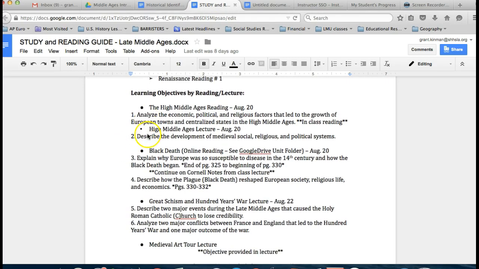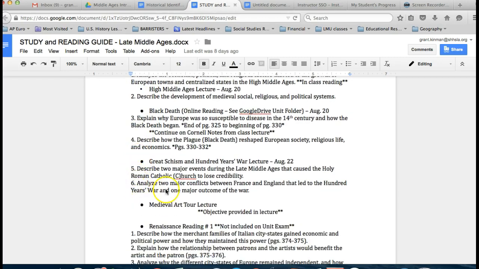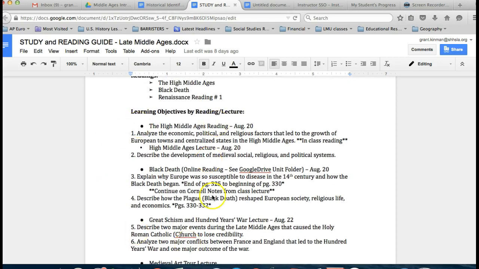So you have 1, 2, 3, 4, 5, 6 lesson objectives. What that means for this unit, when you turn in your work, I'll just collect your whole binder and I'm going to see notes for each section, 1, 2, 3, 4, 5, 6.